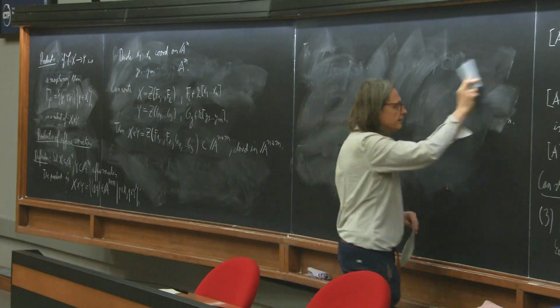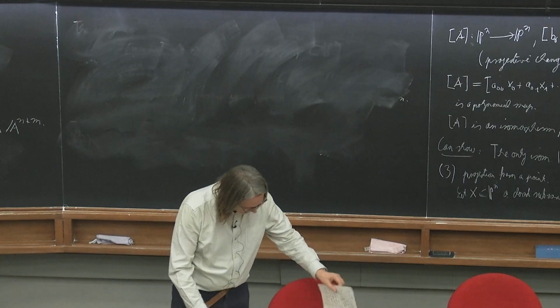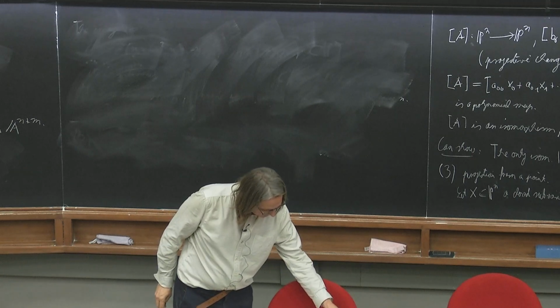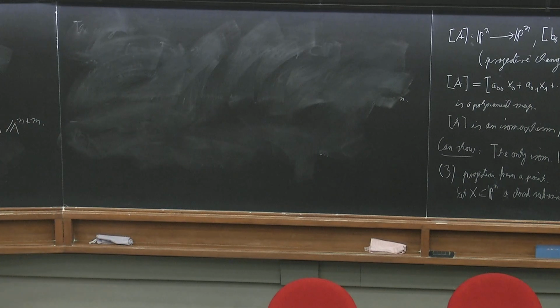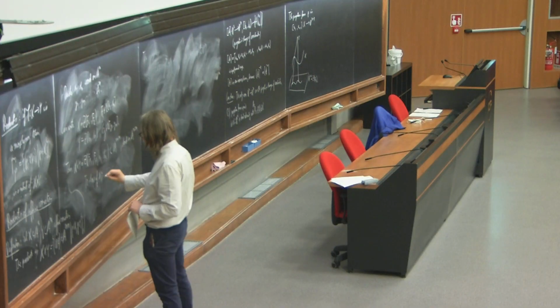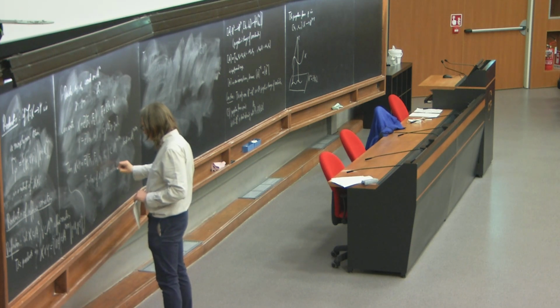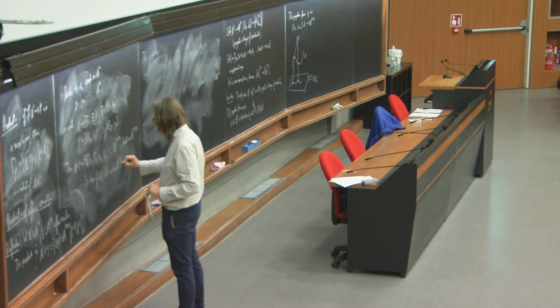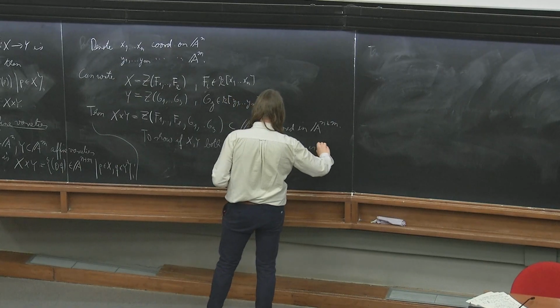Slightly less obvious. So if X and Y are both irreducible, then X times Y is also irreducible.